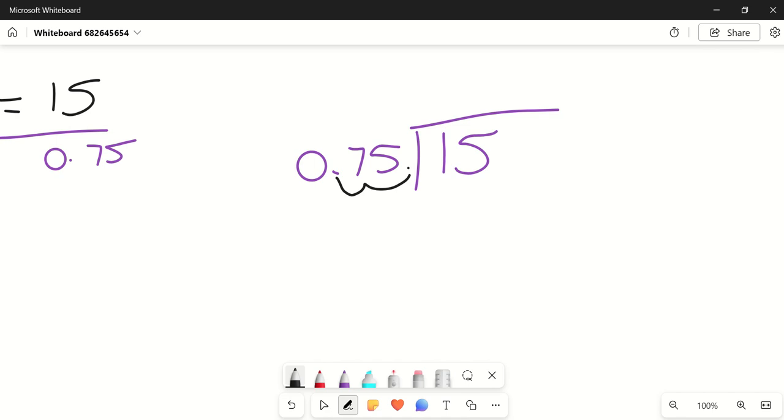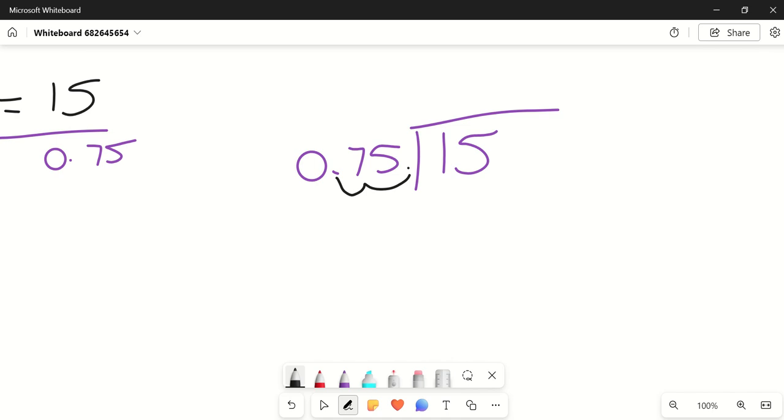That number, 0.75, is known as our what? Vocab. What is that number? The outside number. That's the number we are dividing by. It's known as our divisor. The inside number is our then, ladies and gentlemen? Dividend. The divisor, this should be in our notes.